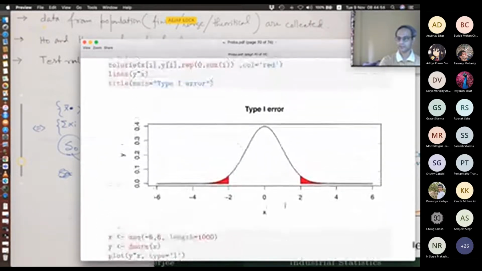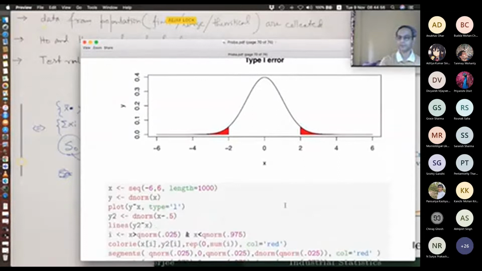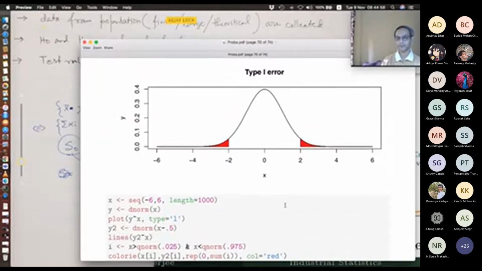So here, for example, if you go for testing a data set, and very simply you consider that you are testing mean 0 versus mean not equal to 0. And you have come up with the rule: I will reject the null hypothesis mean 0 if the mean value of the data is greater than 2.